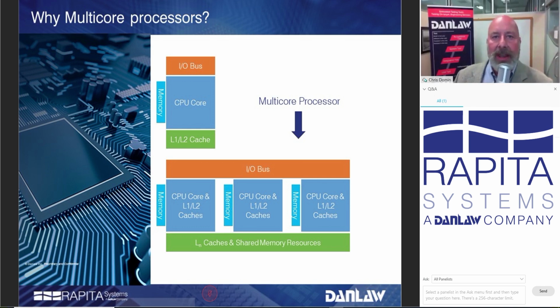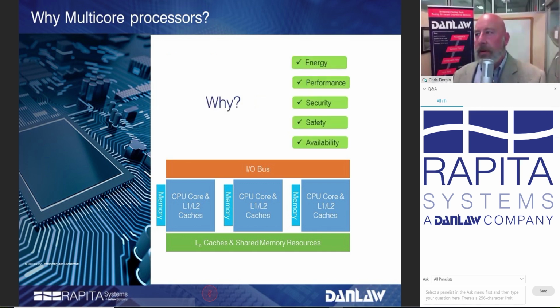So demand for multi-core processors is driven by the benefits that it provides. The obvious ones, of course, are lower power consumption, increased processing speeds, increased processing and performance due to concurrent processing on the cores, data security by providing firewalls and memory protection, and isolated critical safety functions, or ASILs, with respect to other functions.